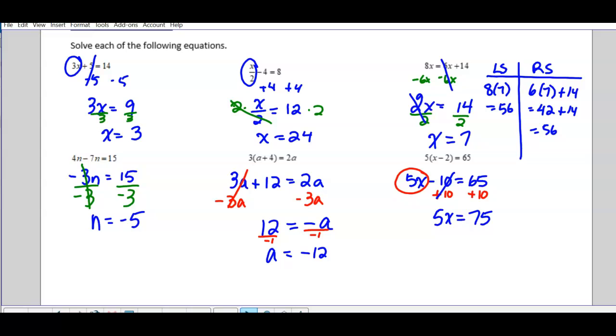Okay, and then divide by 5. Okay, so that's going to be, what, 15. Now, this one you could do by dividing by 5 right away. So I'm going to write it out here and just solve it again.